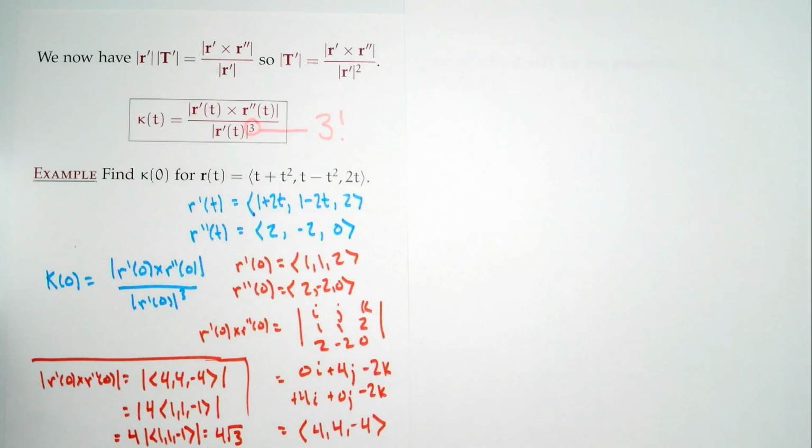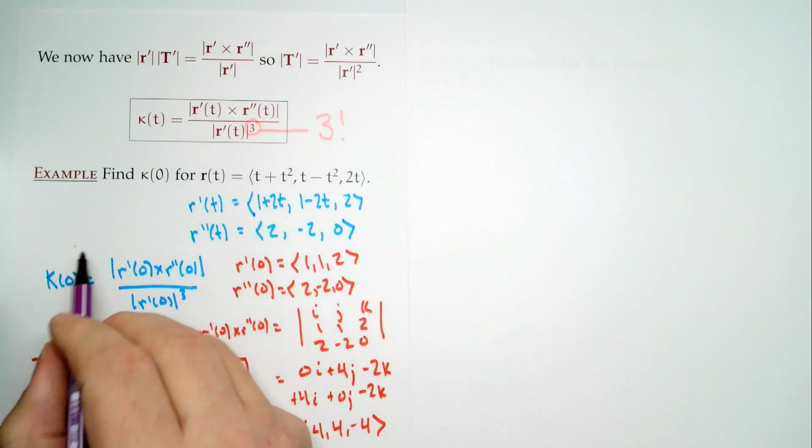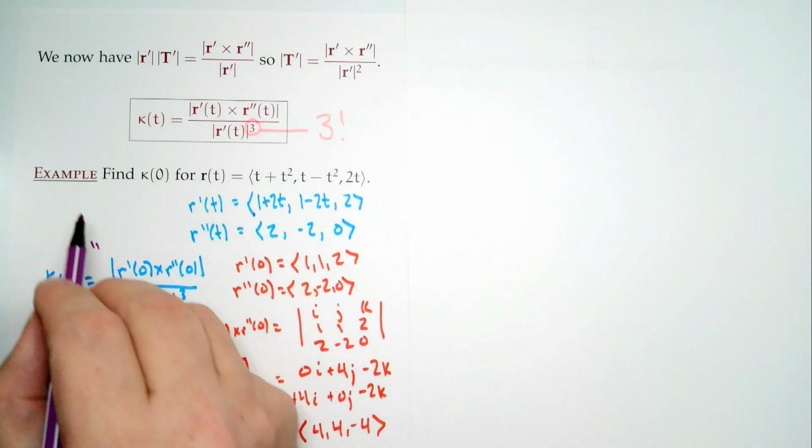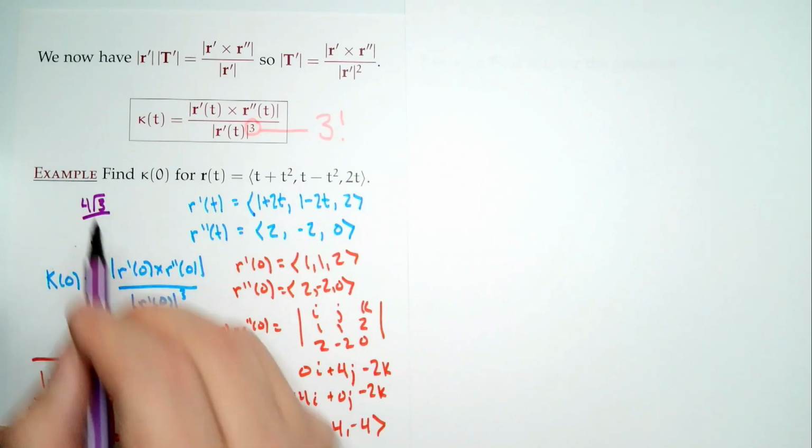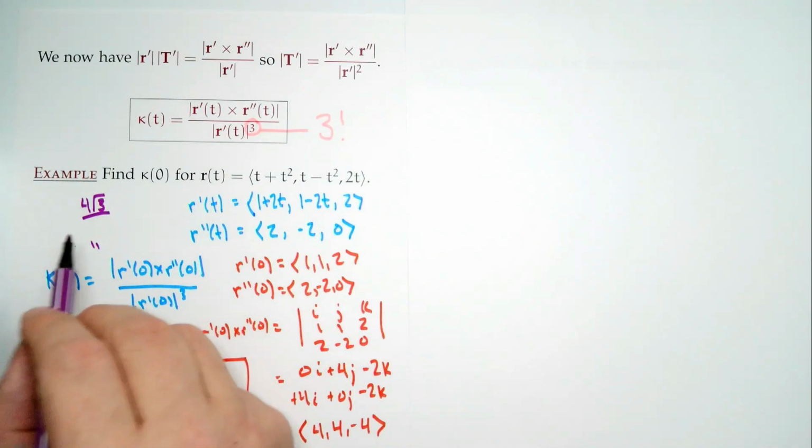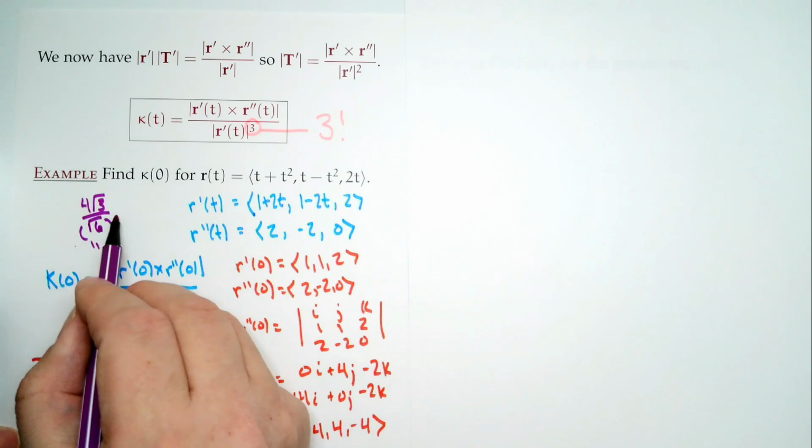All right. So there's that magnitude. And in the corner here, the magnitude of r prime of 0, which is the magnitude of 1, 1, 2. So that's the square root of 1 plus 1 plus 4, which becomes square root of 6. All right, so I have all the pieces in place, and so I can finally conclude that my answer to the original question is the magnitude of the cross product, which is 4 square root of 3, divided by the magnitude of r prime, square root of 6, cubed.